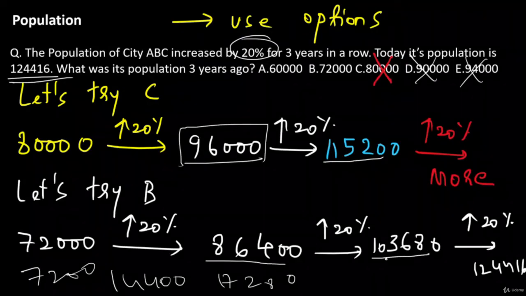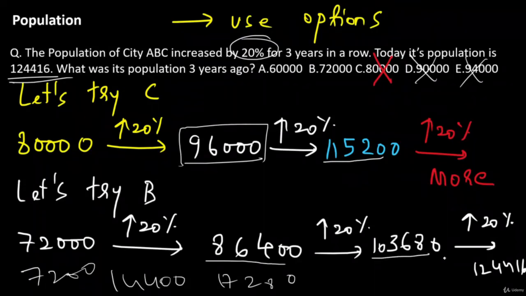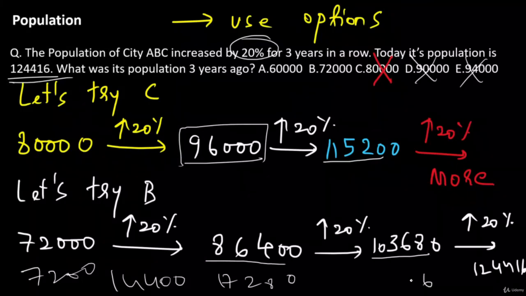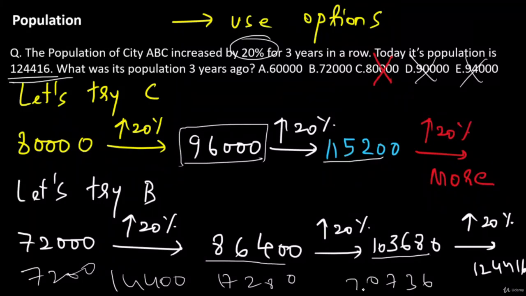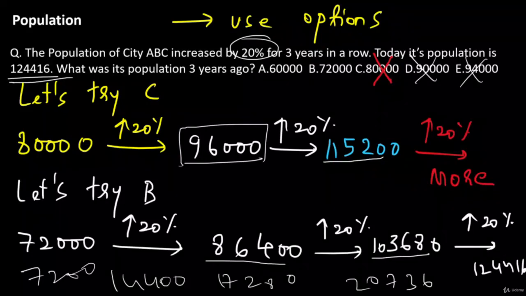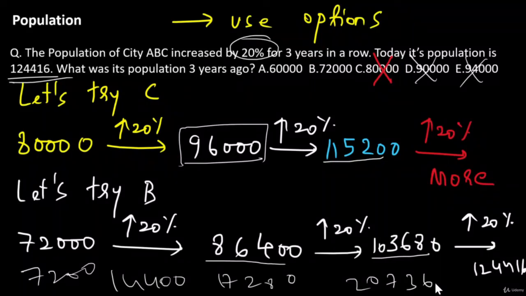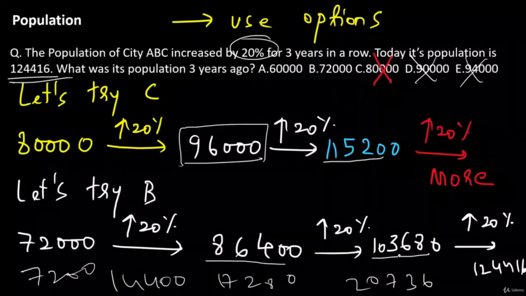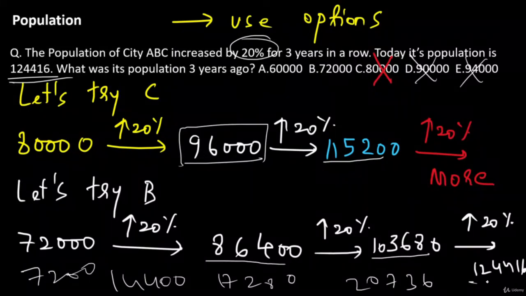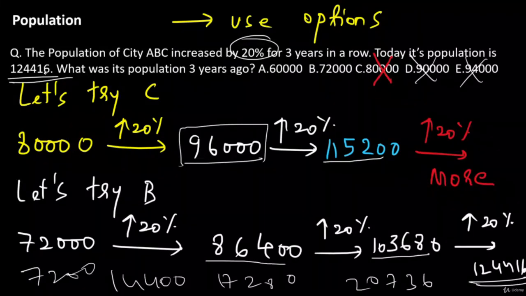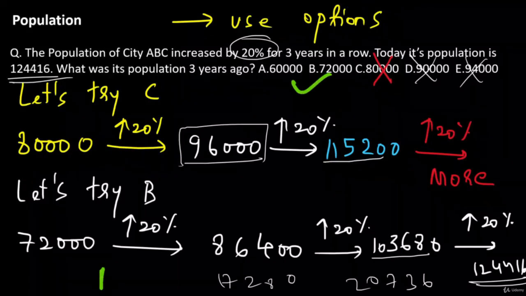So 20% would be 10,368 into 2. That's how you do that, right? So let's do that. That's 20,736. All right. So when you add 20,736 to 103,680, you will get 124416, which is what you have over here. Therefore, yes, the correct answer is option B, right? The correct answer is option B.